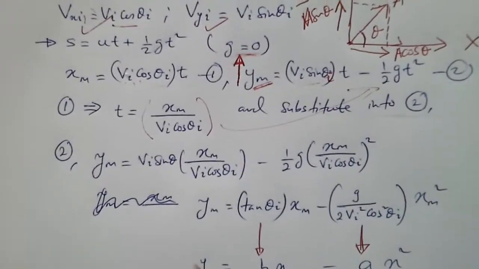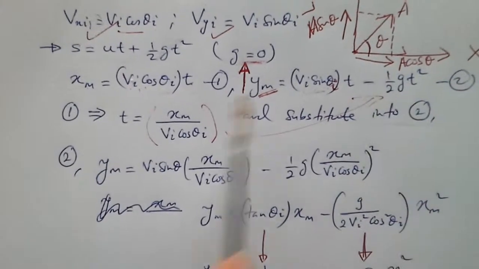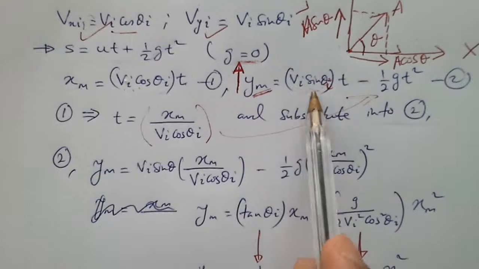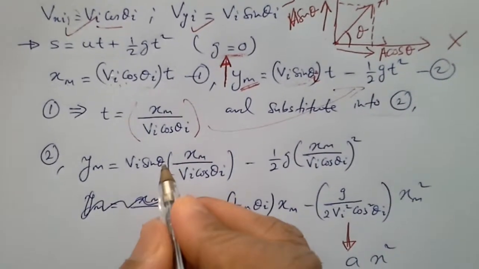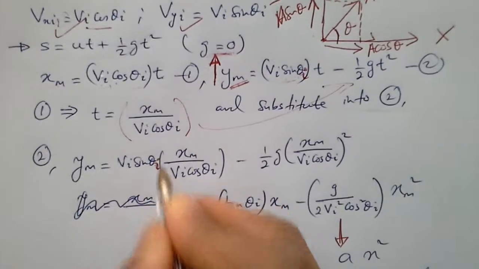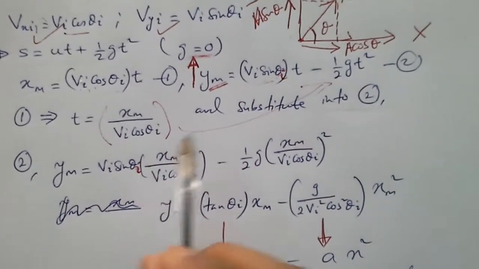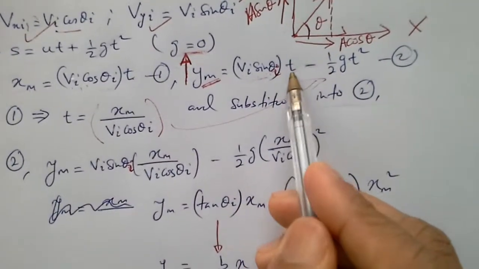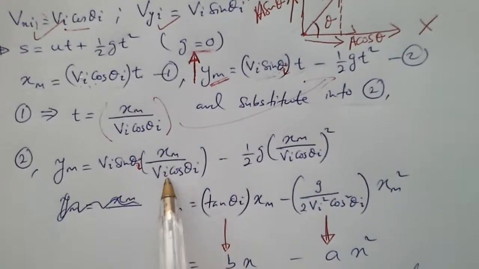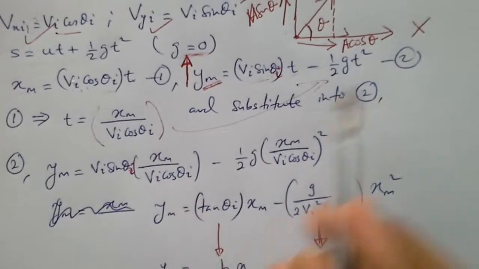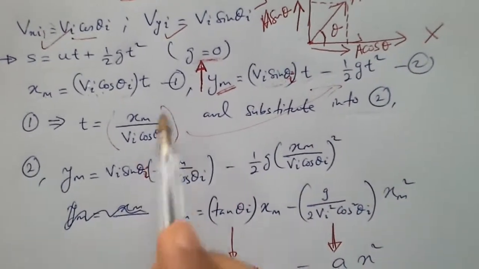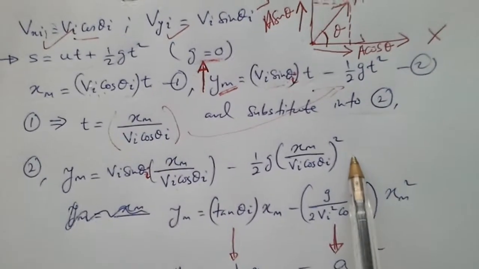So ym is equal to vi sin theta I into, for this t, I can substitute xm divided by vi cos theta I, minus half g. For the t squared, again I can square this factor.